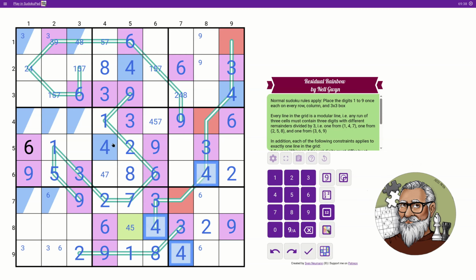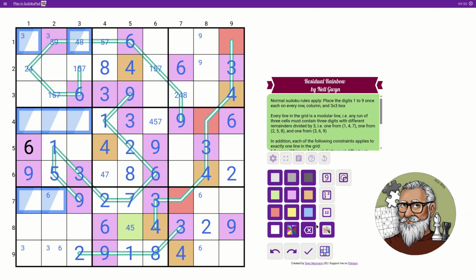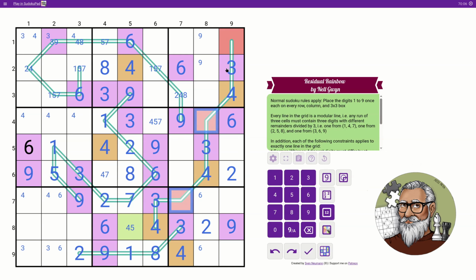So all of these are now, but we need blue still. I don't think so. That's orange. Okay. We had 4 here required. That's all we know. And we can keep that in mind now.